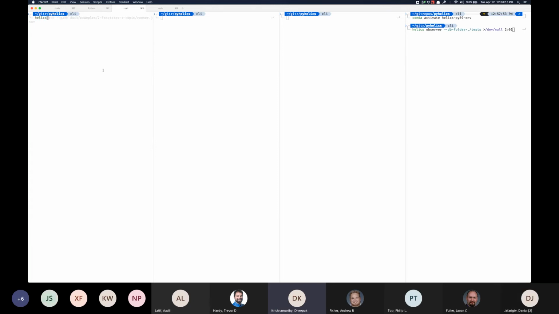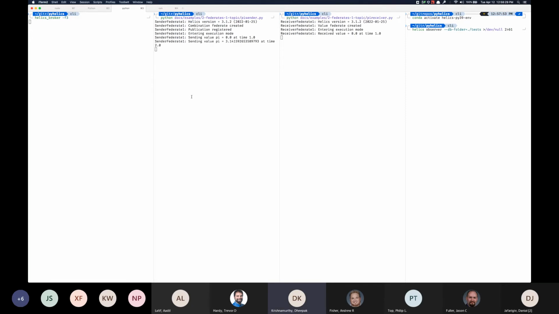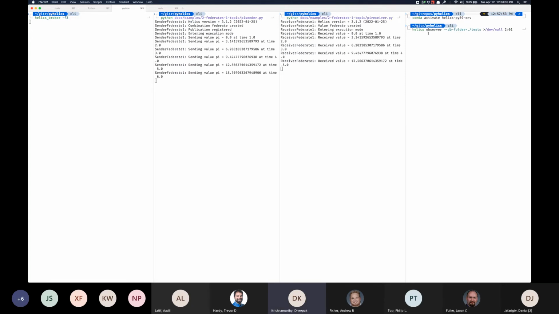So this is the same thing that I would be doing before, but now I'm going to pass in 3 federates to the broker, and I'm going to run the same pi sender, the pi receiver, and I'll run the observer. So again, now the same co-simulation is running, but we've passed in an additional federate, which we're calling the observer.